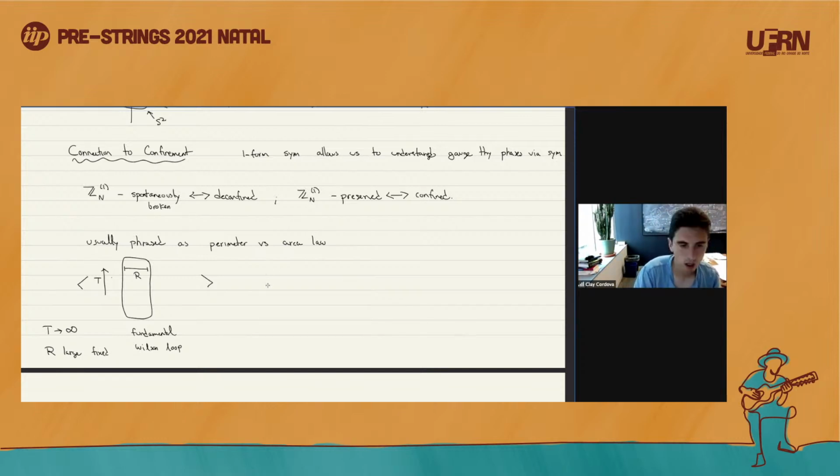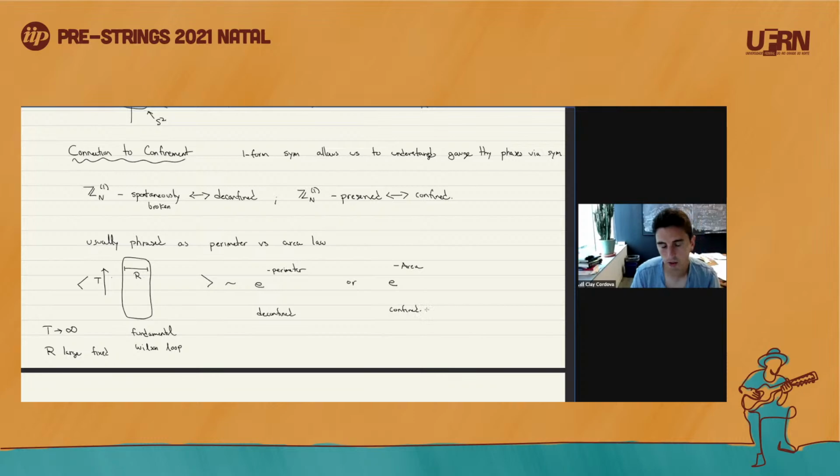So we have two characteristic behaviors. If this goes like e to the perimeter, then one says that the theory is deconfined. Or if it goes like e to the minus area, one says that the theory is confined.